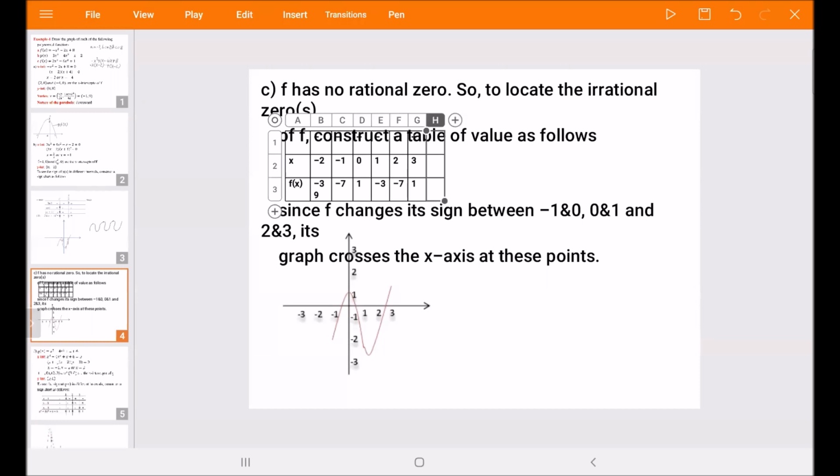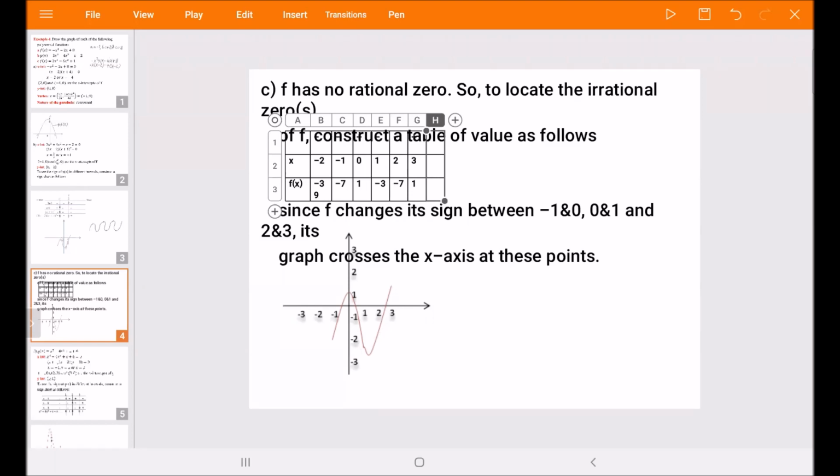There is no need to know the exact location of this point. Rather, we have to focus on the sign of f of x. It remains negative, then between 2 and 3, the graph of this polynomial crosses the x-axis, and after that it is positive.